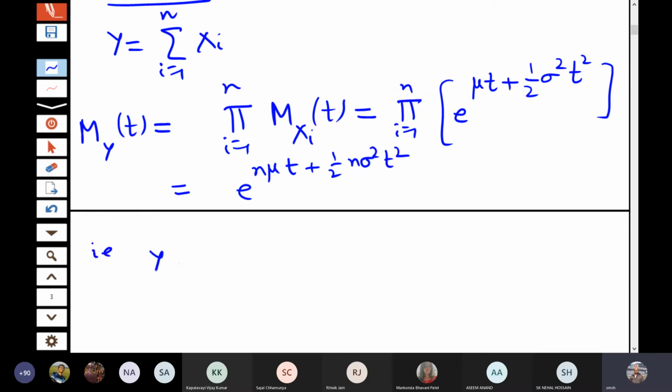That is, y follows normal n mu and n sigma square. So if I am considering independent normal random variables, then the distribution of the sum is normal with mean added n times and the variance also added n times.